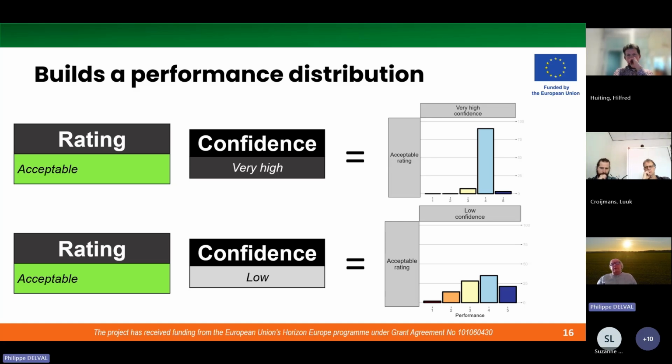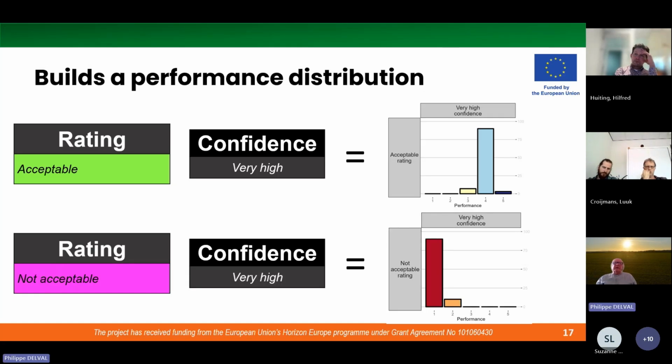But if the confidence is low, you will have another distribution around the different classes. It's the same if you use a rating not acceptable, but a confidence very high, you will have the number 1 at the left representing the non-acceptable rating.